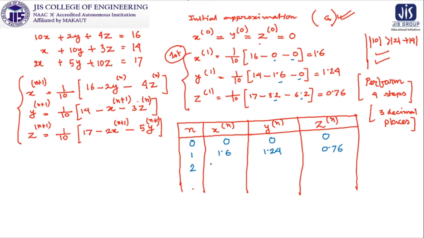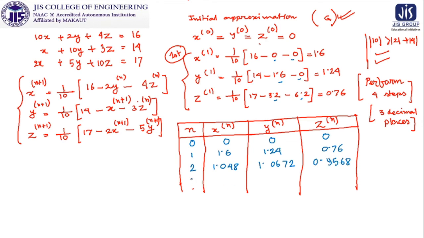So if we calculate for the next case, we will get 1.048. Please complete this calculation, what I am writing in the tabular form, by your own initiative. Then 1.0672, and it is 0.9568.